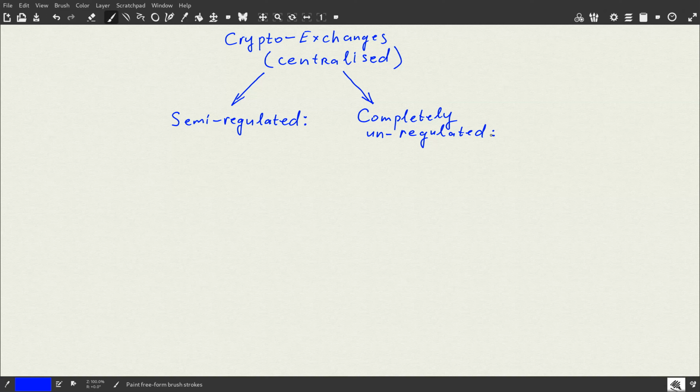In general, for example, for currencies, for FX, there is a fully regulated exchange, which is the Moscow exchange, and the Moscow exchange trades contracts such as USD ruble.